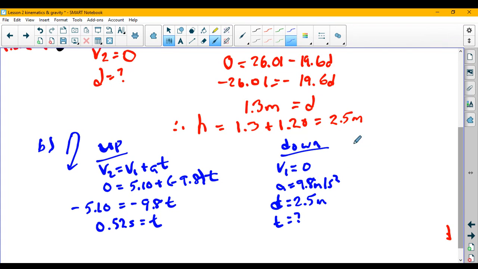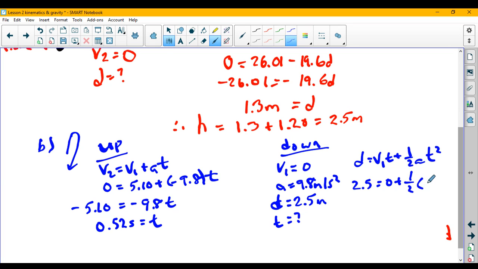Now I can find my time. I'm going to pick my equation. This one is the one that has everything I have plus everything I need to know. We'll use this one a lot when we're doing these. I've got 2.5. Velocity is 0 to start, so 0 times t is still 0.